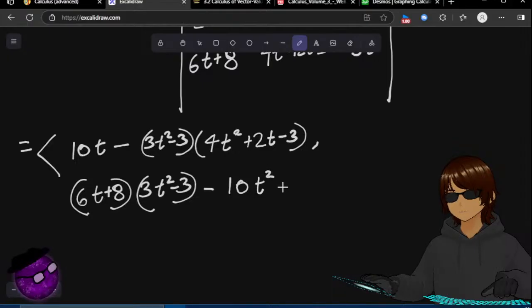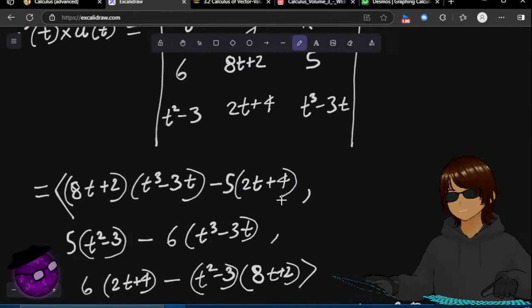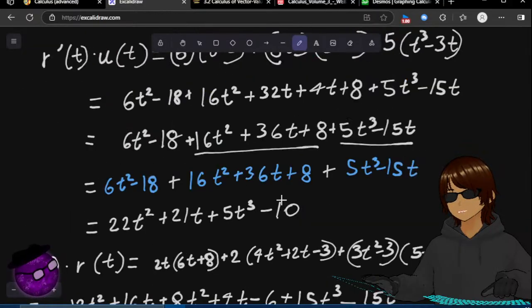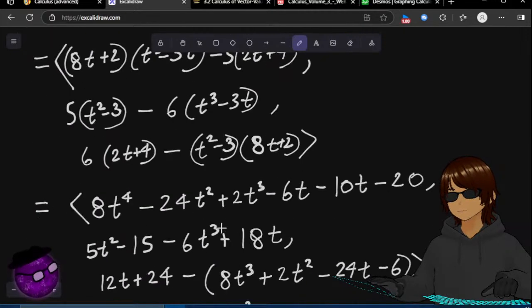It's just 10t square. Is this correct? The derivative of u. Yeah.